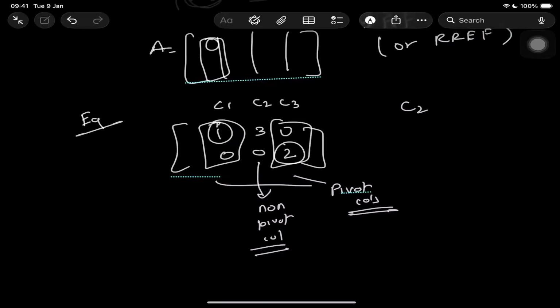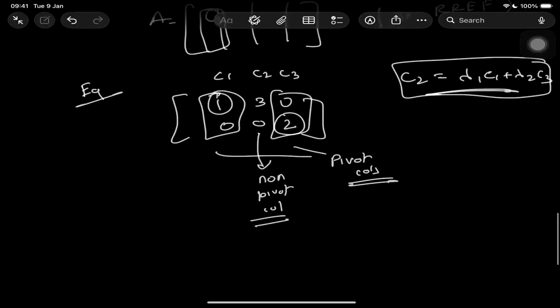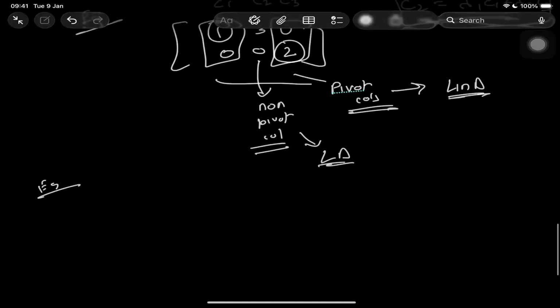That is, we can express C2 as some lambda 1 C1 plus lambda 2 C3, a linear combination of C1 and C3. So from this we can say that pivot columns are generally linearly independent, and non-pivot columns are linearly dependent.